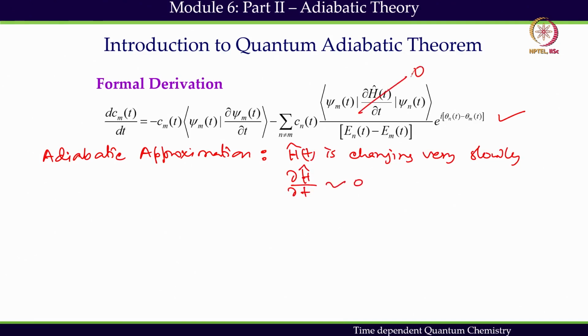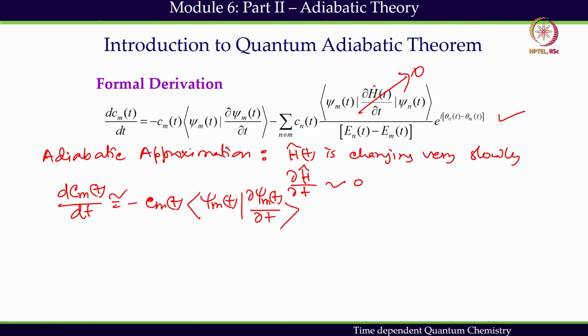So this part becomes 0, and I get the expansion coefficient equals minus C_m(t) psi m(t) dt. This is the approximation. Under the adiabatic approximation, we get this expression. And once we get this expression, one can now integrate it as follows. This is going to be dC_m by C_m.